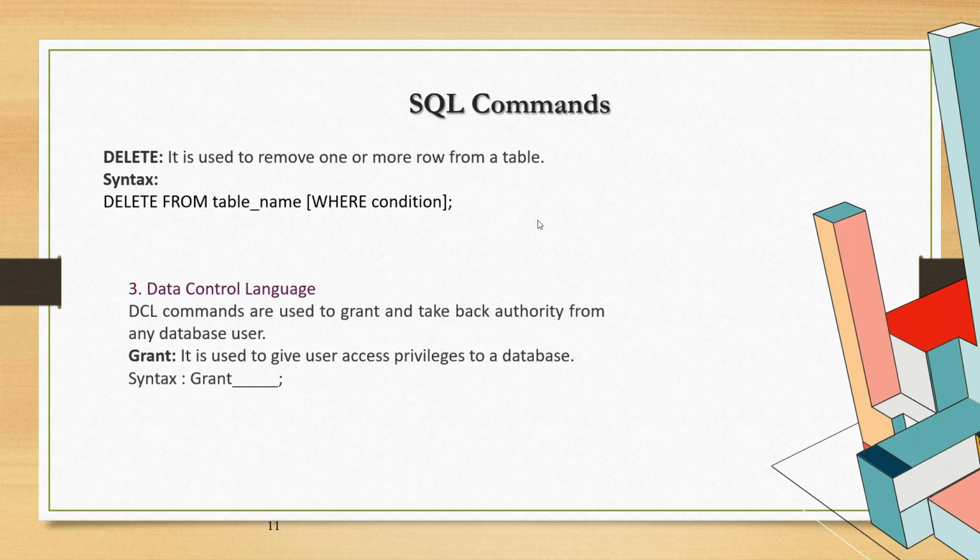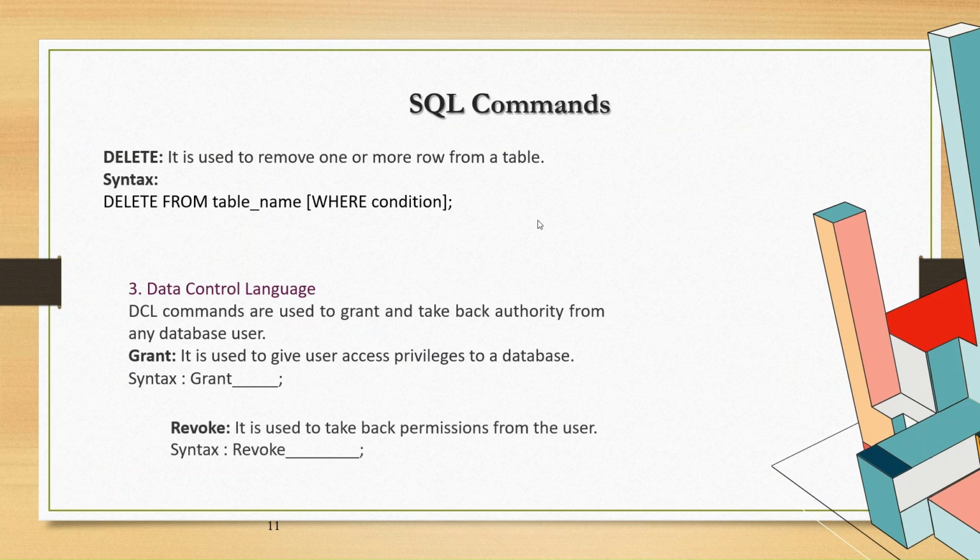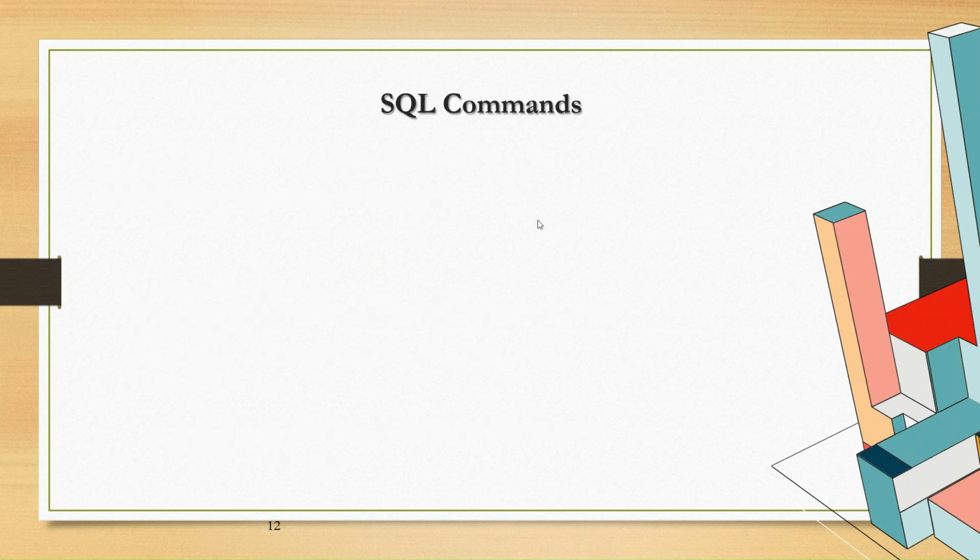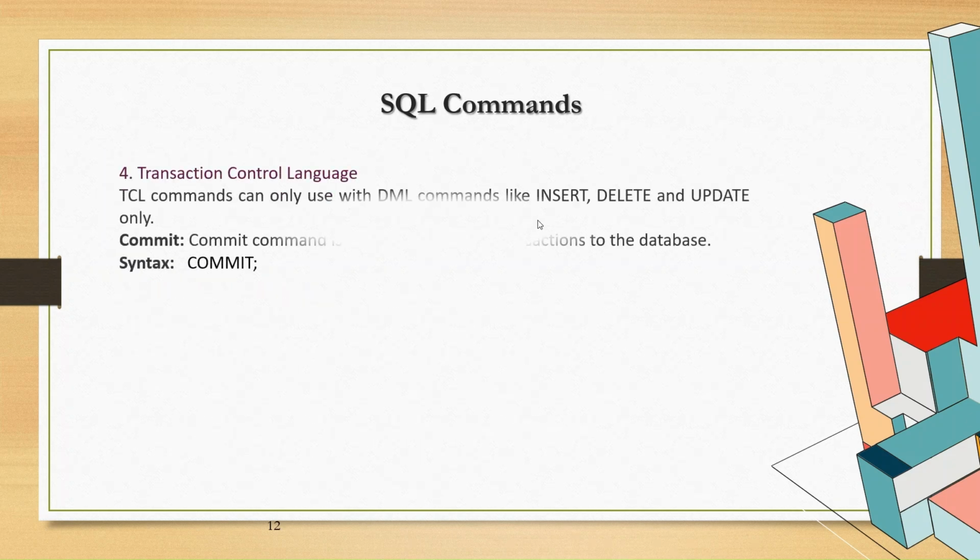Next is DCL, Data Control Language. DCL commands are used to grant and take back authority from any database user. Grant. It is used to give users access privileges to our database. Revoke. It is used to take back permission from the user. TCL, Transaction Control Language.